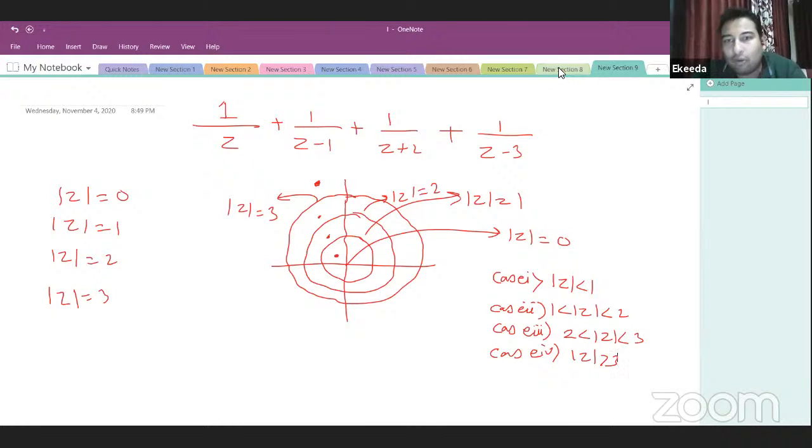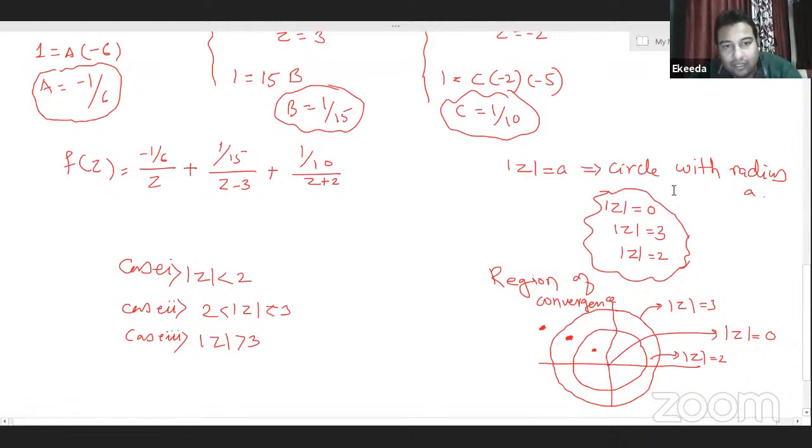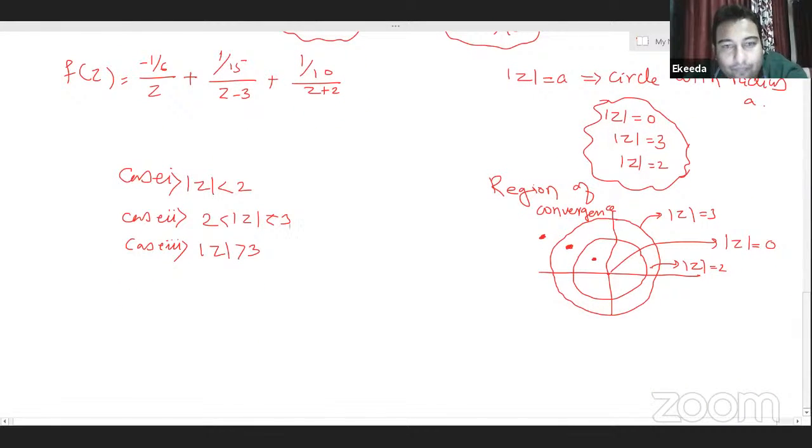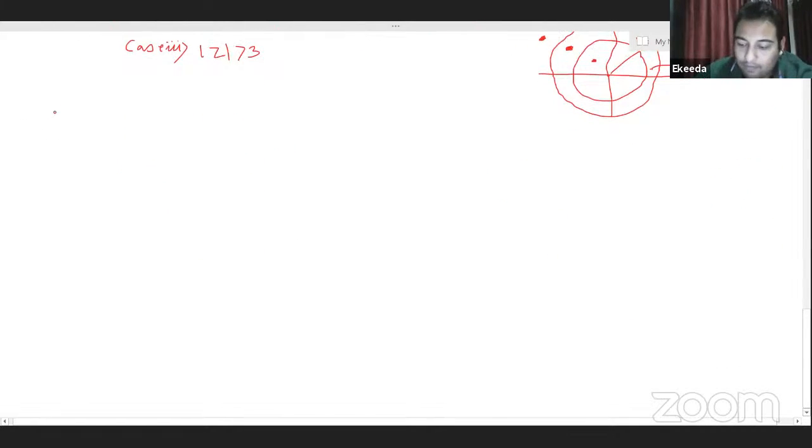So let's come back to our problem. We are here. There are 3 poles. From these 3 poles, we draw 3 circles and we took the 3 different cases. So let us start individually for each case. Case number 1, mod z less than 1.